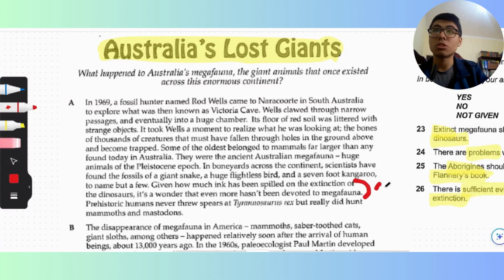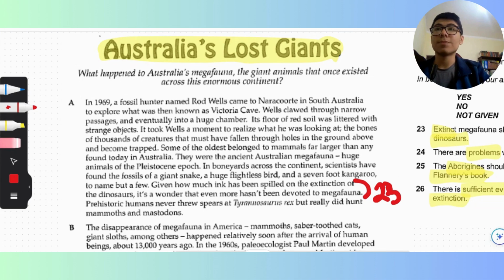We found the location of question number 23. And what that says is that there is a lot of attention about the extinction of dinosaurs, but even more hasn't been dedicated to megafauna.